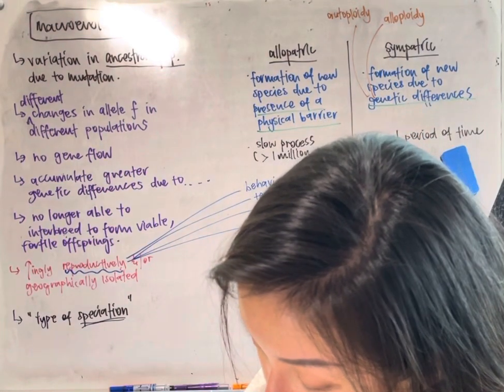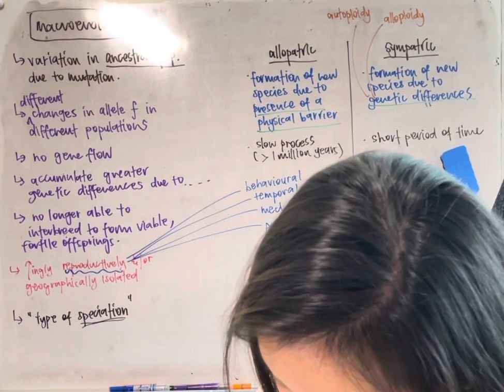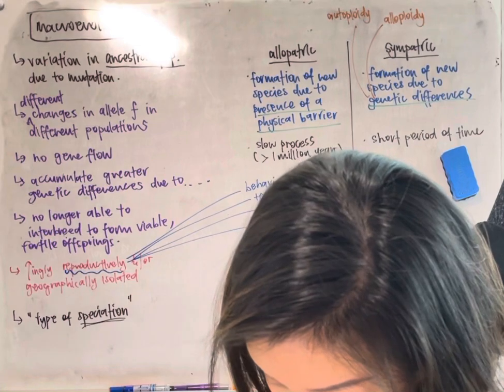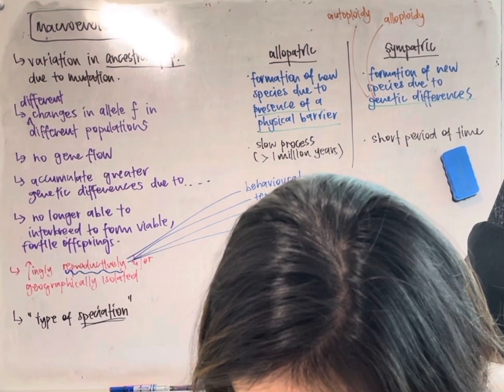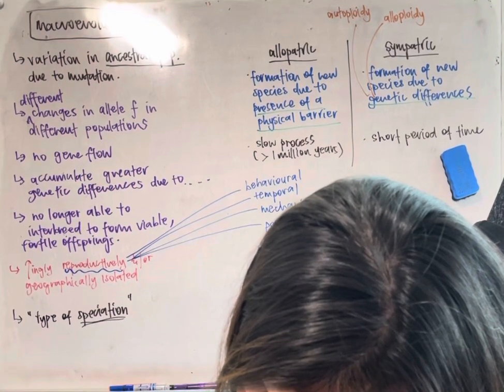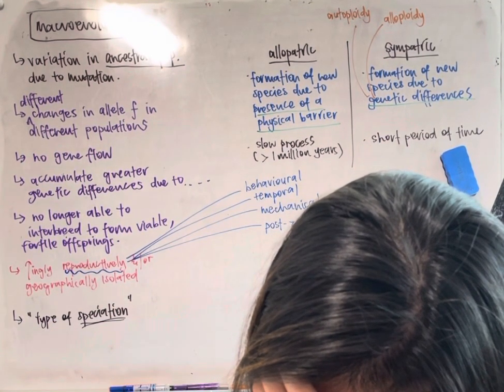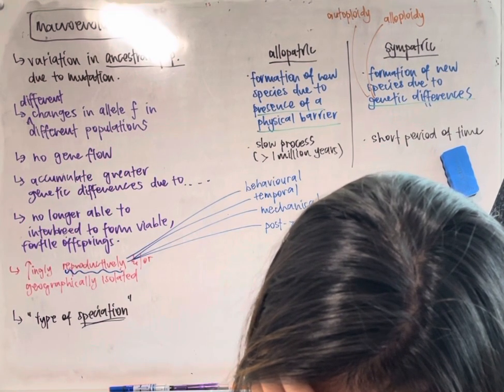So again, mice with advantageous traits are selected for, better able to survive, higher reproductive success. Okay, fine, I can accept. But why did you never tell me to pass down? Okay, very messy. There will be different changes in allele frequency in different populations. Why must you say due to? There's no gene flow.